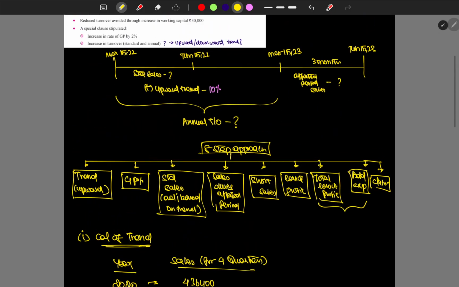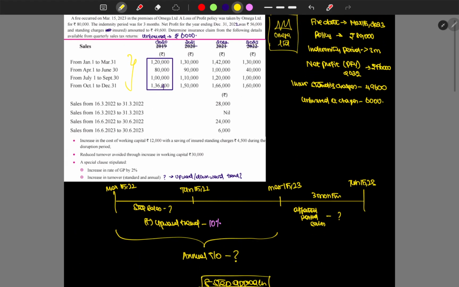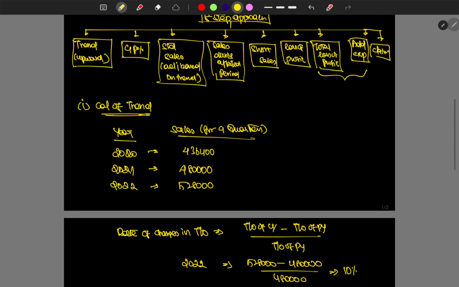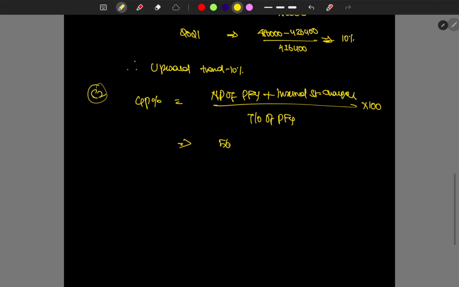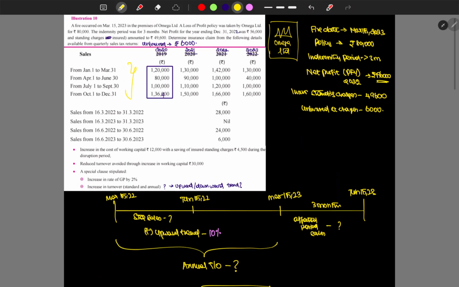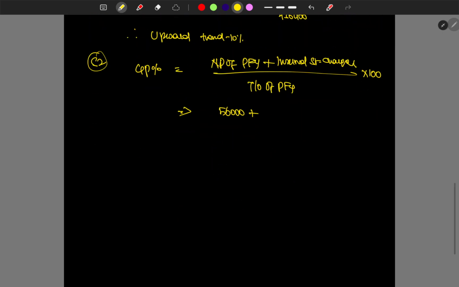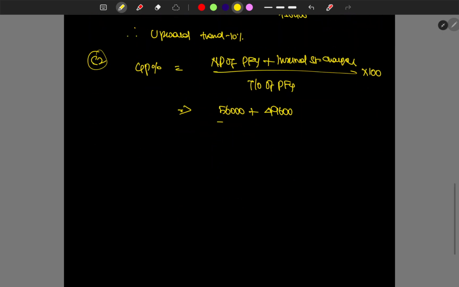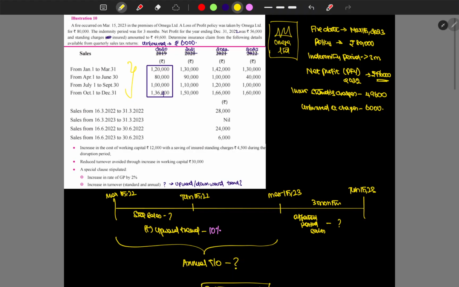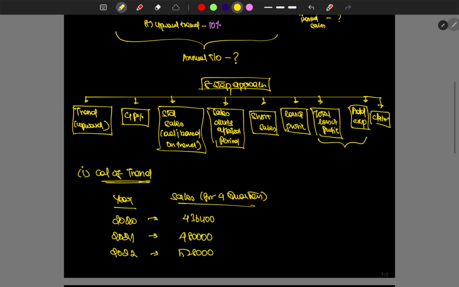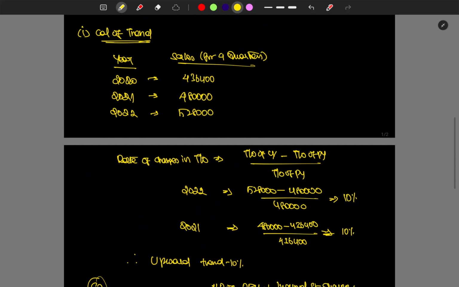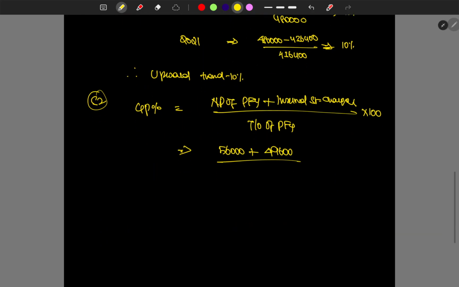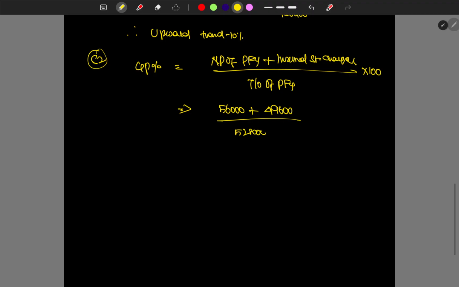So what's the net profit of previous financial year? It has been given there, no? Net profit of 56,000. 56,000 plus insured standing charges 49,600, divided by turnover of previous financial year, which is 2022, which is 5,28,000, into 100.